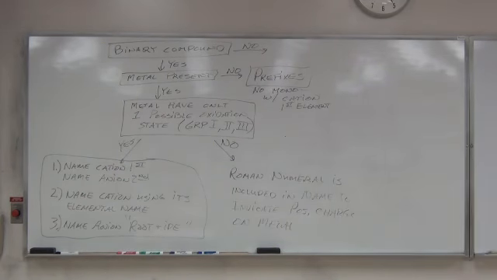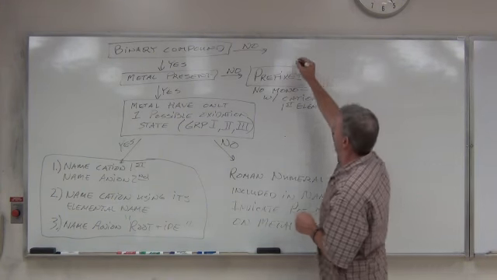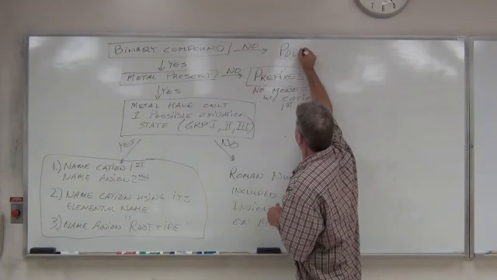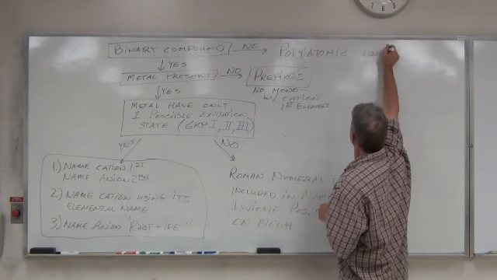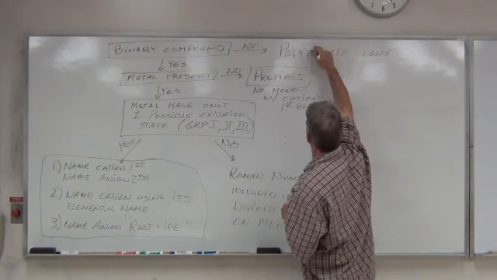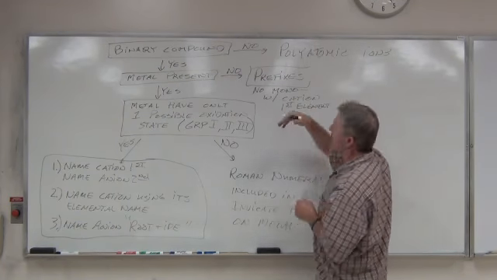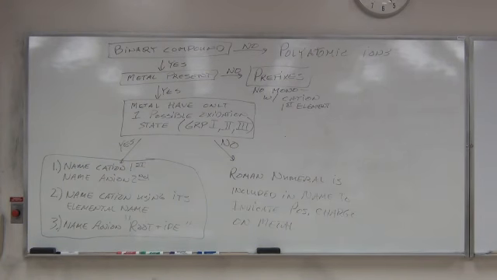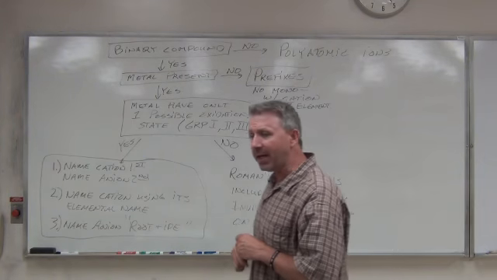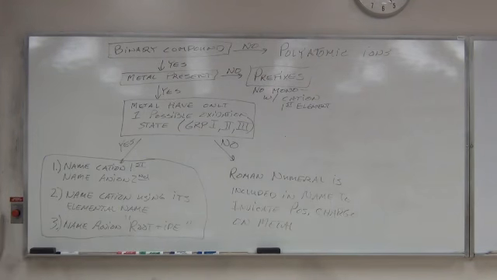And the only way you're going to know how to name it is if you memorize that list on 3.5. Polyatomic ions, literally, poly, many, many atom ions. That's what they are. Notice that all of them are negative except for NH4, ammonium. Might help you a little bit.